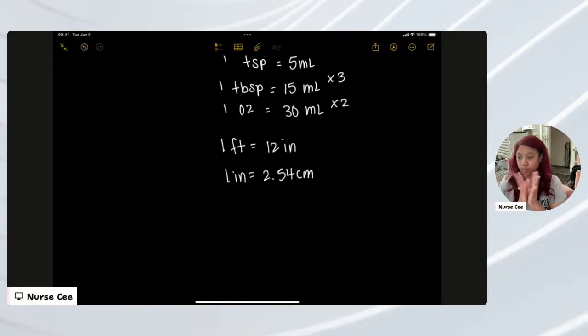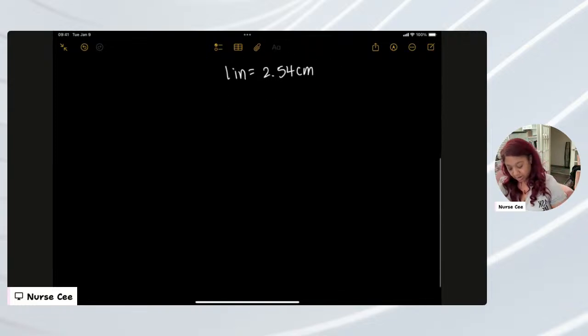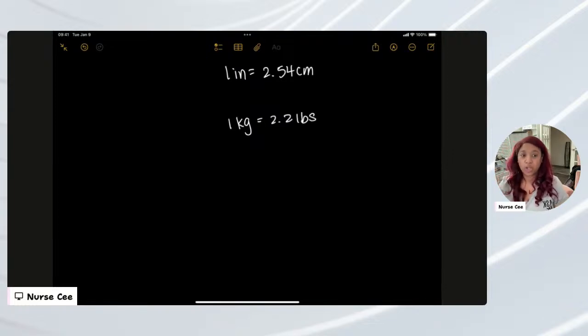What else am I thinking about? The pounds and the kgs and the ounces. You know that 1 kg equals 2.2 pounds. When I think about kg, I think about the big kahuna. The 1 always goes by the biggest number, or the biggest unit of measure. The 1 goes by the big cookie or the big container or whatever.